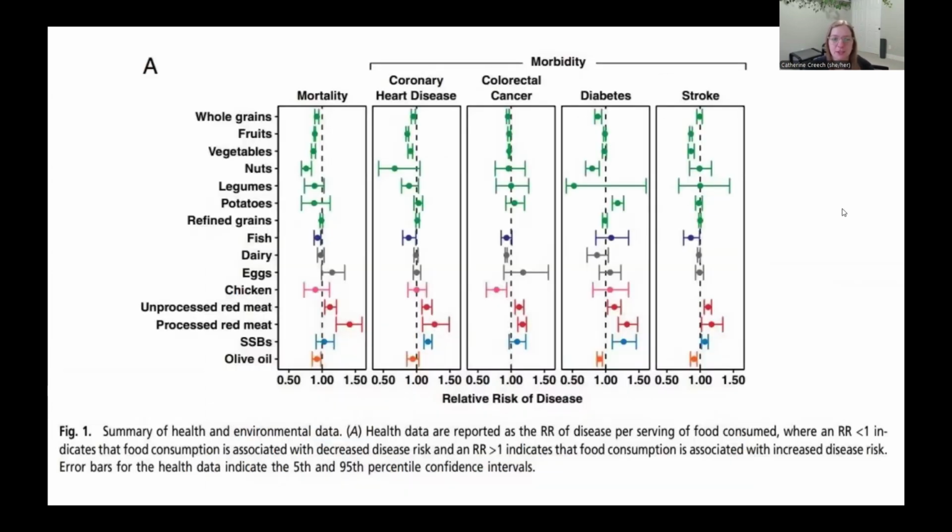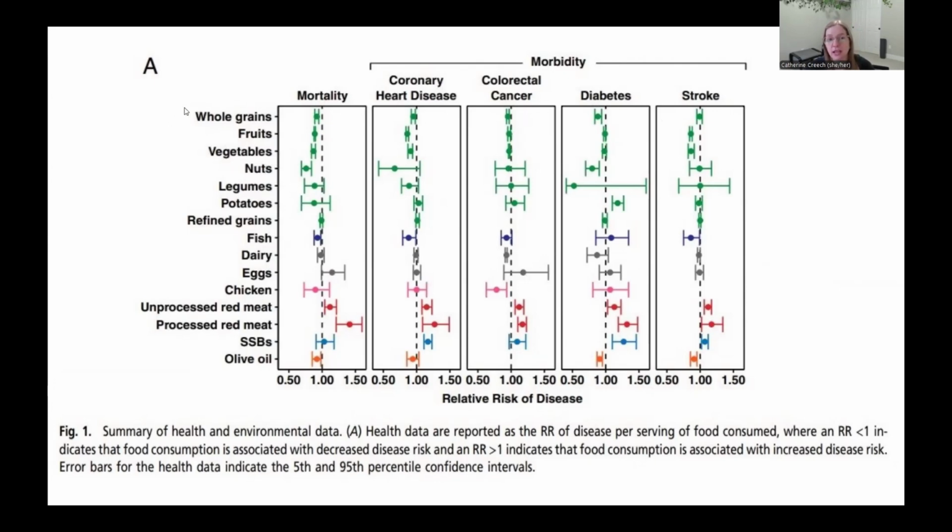So here first we have an overview of the food types and our health outcomes. The first health outcome is mortality, that is death rate. And then we have 4 aspects of morbidity, which is like illness. We have coronary heart disease, colorectal cancer, diabetes, and stroke.